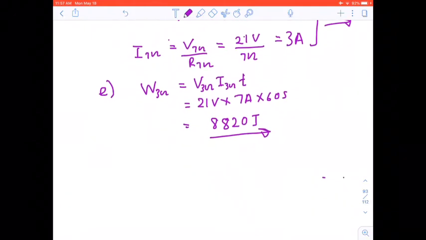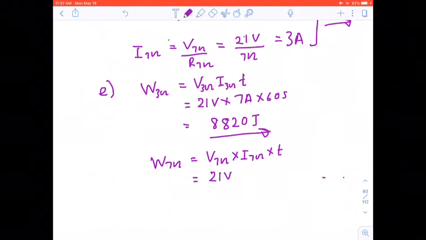Now we want to know what is the work done in the 7 ohm resistor, which is equal to V of the 7 ohm times I, the current in the 7 ohm, times T. Here again, because it is in parallel, the voltage is 21 volts, we know that our current here is 3 amps, as you can see there, and our time is 60 seconds, which would mean in this case the energy or the work done by the battery is equal to 3780 joules.